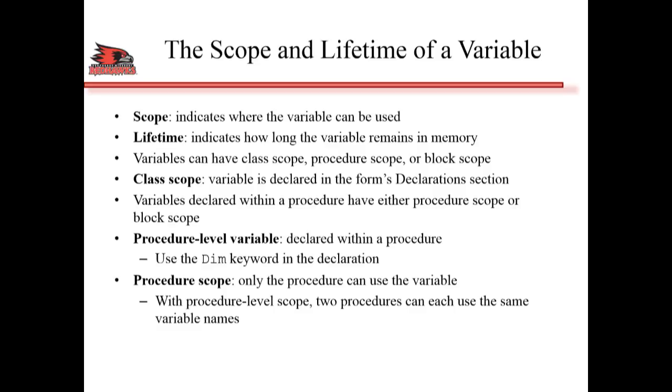So you have set a button, you click that button, and a set of codes or procedures are carried out. So if you define your variable within that set of procedures, only that procedure has access to it, nothing else. And there's also block level scope, which is even more limited in its access. You can define a set of codes within a procedure, and you can define a variable right there. So it has even less scope.